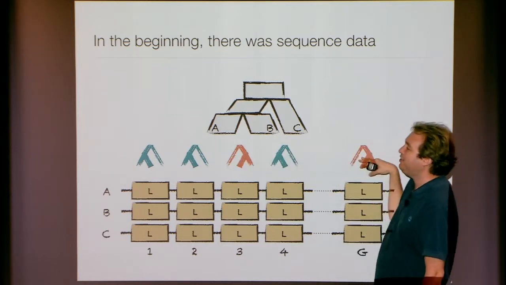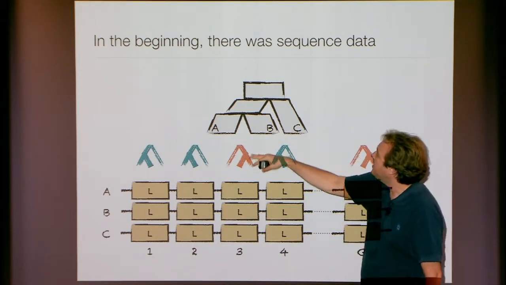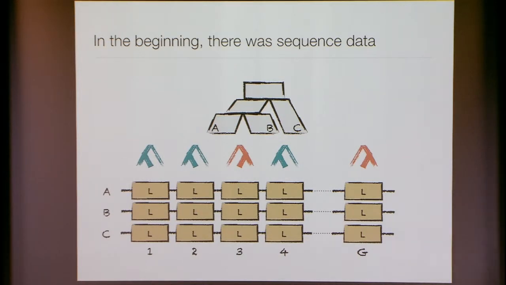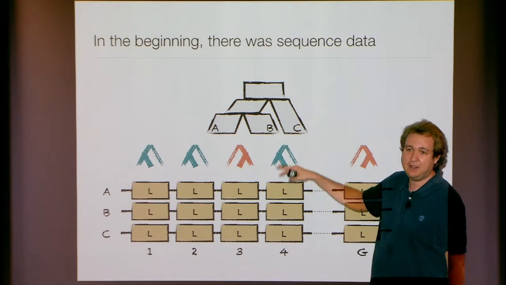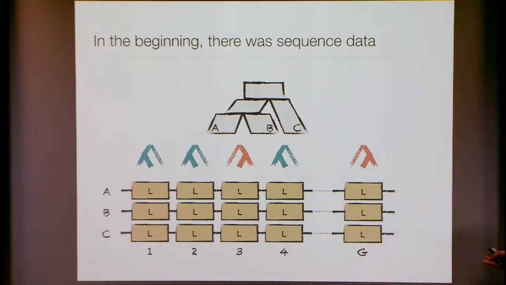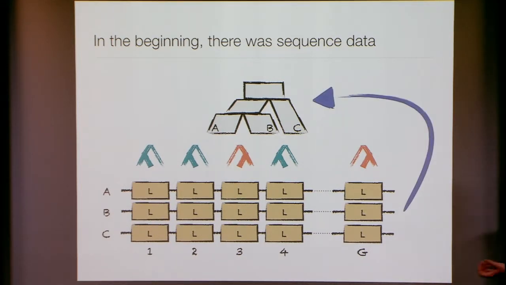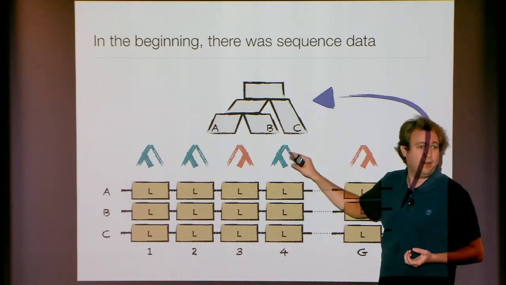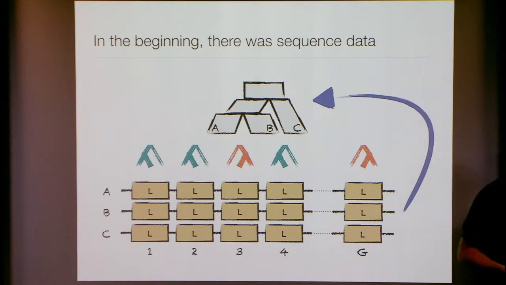If you were given the true gene trees, how well would you do in recovering the species tree, how much data would you need, and so on. But I really want to also understand what happens in this step and how the two of them interact with each other. In fact, it's not even clear that I want to do this. It could be that I just want to go directly from the sequence data to the species tree. And there's a question of, is it actually better to do this or not? Can you prove anything about it?